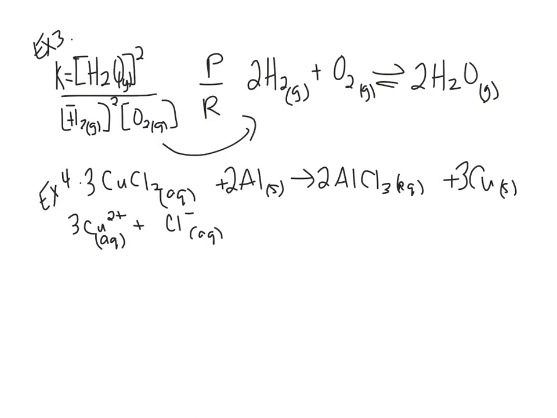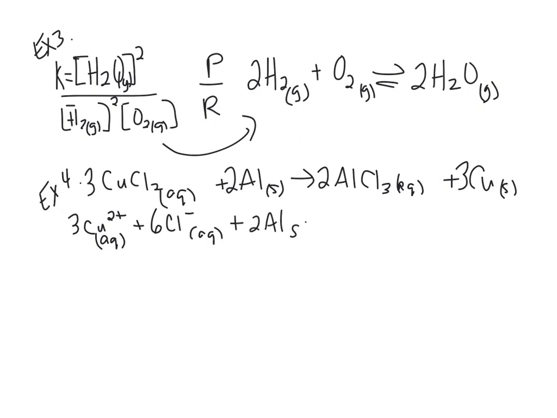Write your ion first so you're not tricked into writing the wrong thing down. Copper 2 plus or 1 plus, in this case it's copper 2 plus. We know that from the formula. There's 2 chlorines. Chloride is not Cl2, that's chlorine. The chloride ion is Cl1 minus. So there's a total of 6 chlorides altogether.